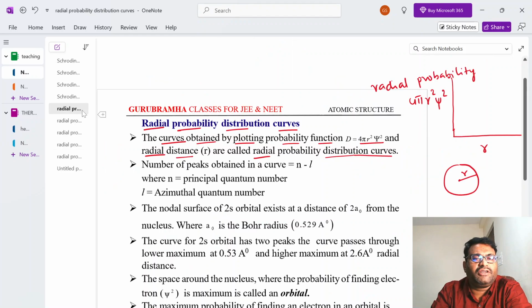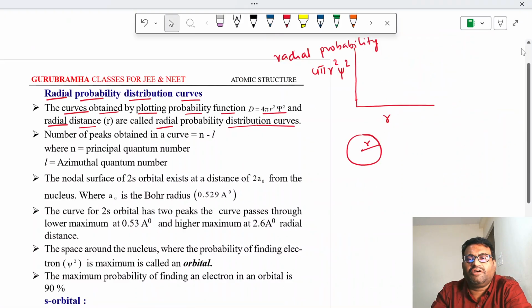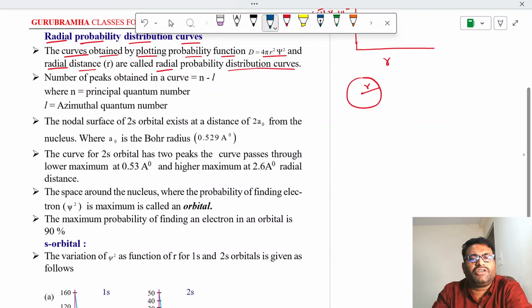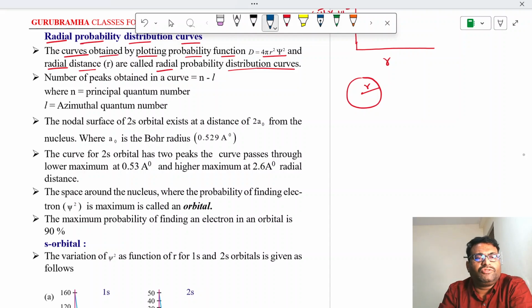Let us see the theoretical concept regarding this. Now we have gone through the graphs. The number of peaks obtained in a curve is given by n minus l. For example, 3s.